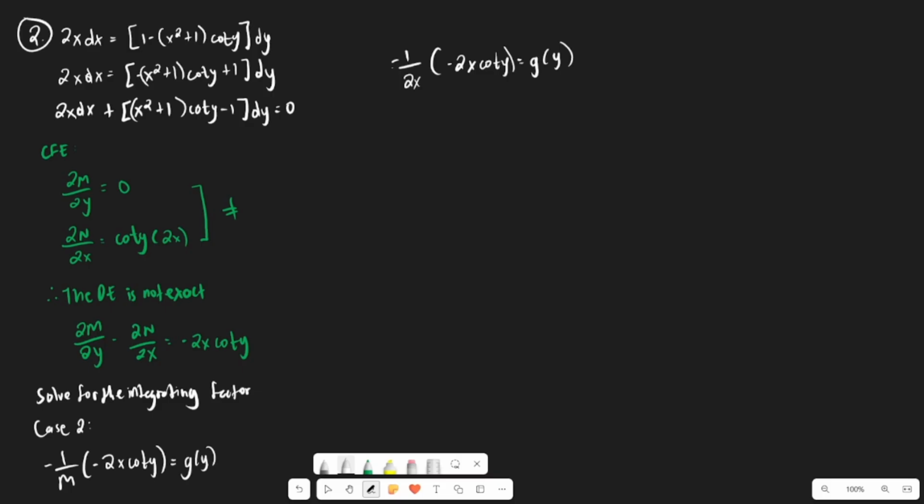This negative and negative becomes positive, and we cancel out the 2x that is common between the two. Then we are left with g of y is equal to cotangent y.